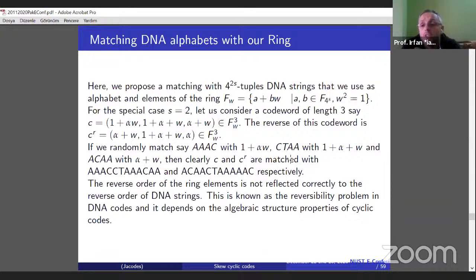So we impose these two restrictions on cyclic codes, and then we ask how the structures look and how the examples look. The optimism here is that if we can get closer to DNA structural properties, we will have a better chance to correct errors.